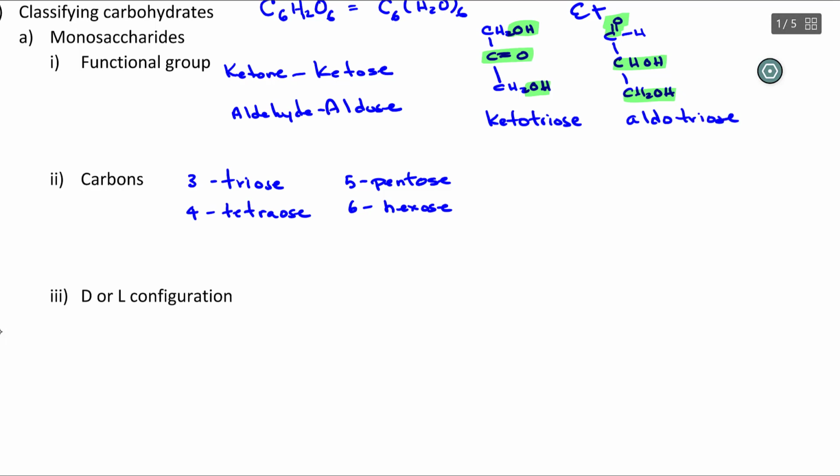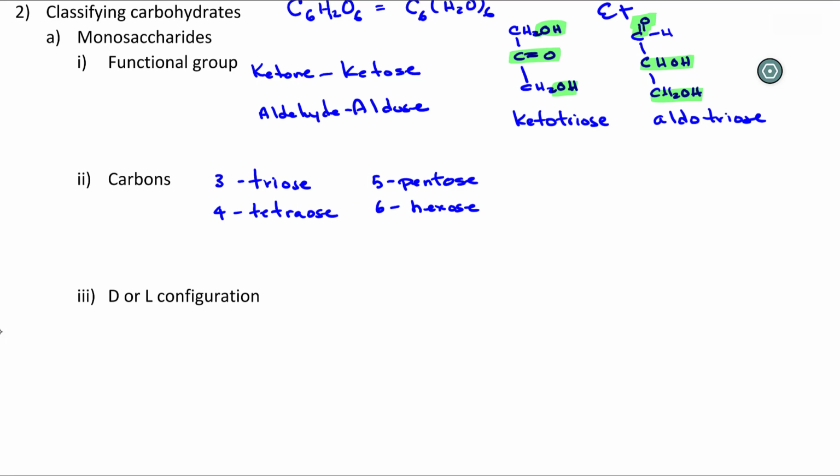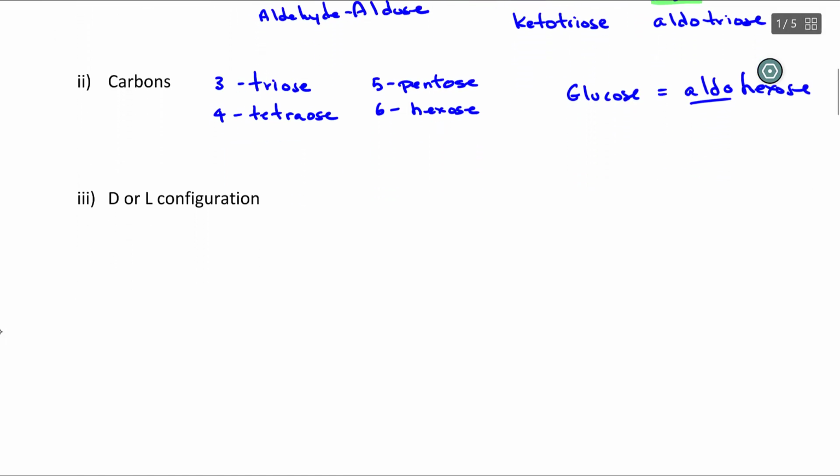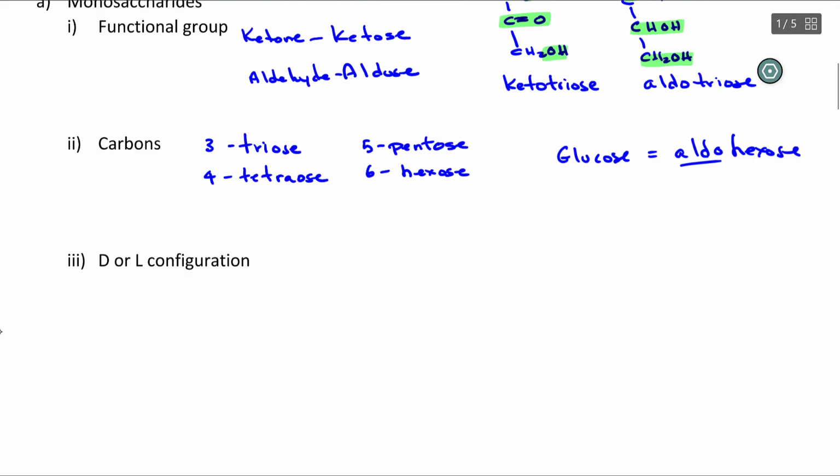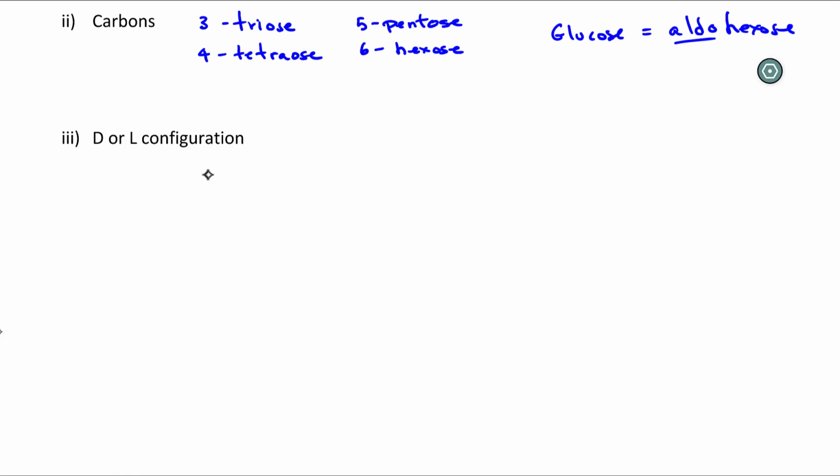Glucose is an aldohexose, so that would be a 6 carbon aldehyde sugar. Now, let me draw for you a Fischer diagram for glyceraldehyde. So for glyceraldehyde, the way we would draw its Fischer diagram is, one way to draw it is like this.